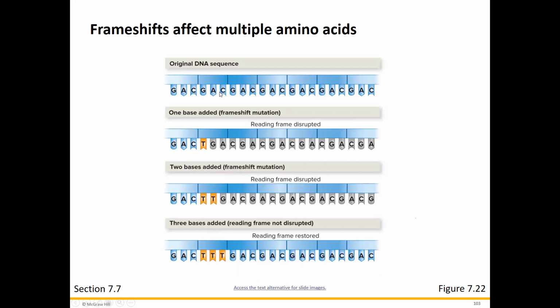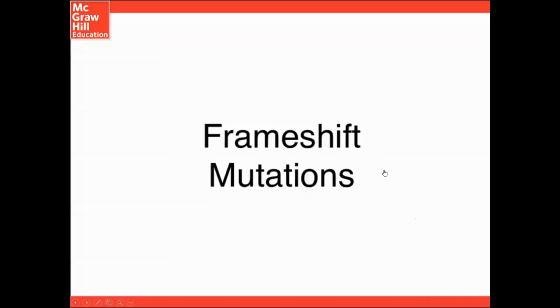You don't have GAC here any longer. You have TGA. And the whole shift happens. 2 bases added. You see everything downstream changes. But if you do the 3, you'll see that the reading frame is the same here. You just have a brand new amino acid that's going to be added.